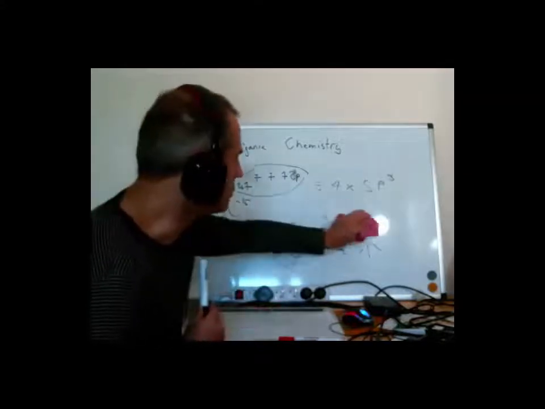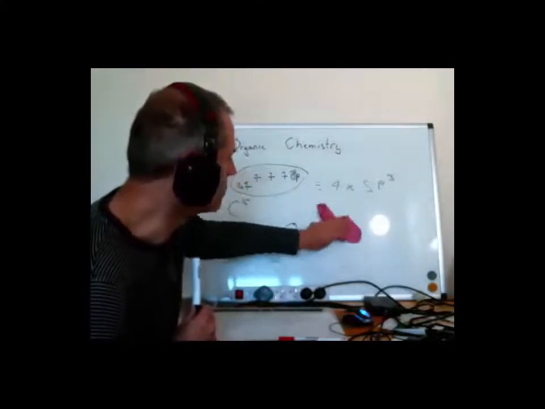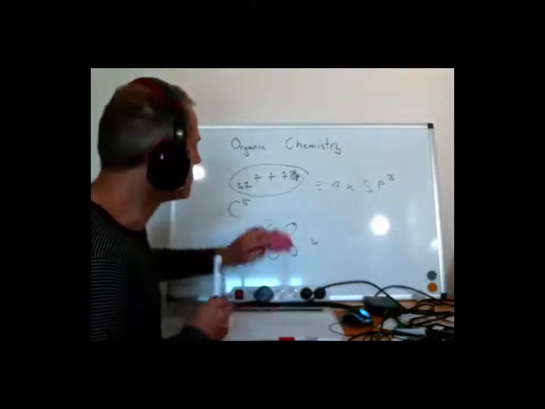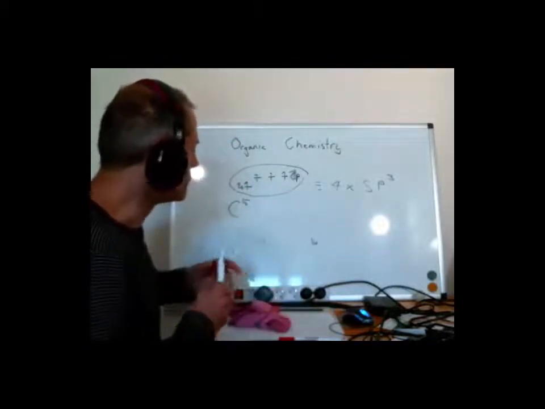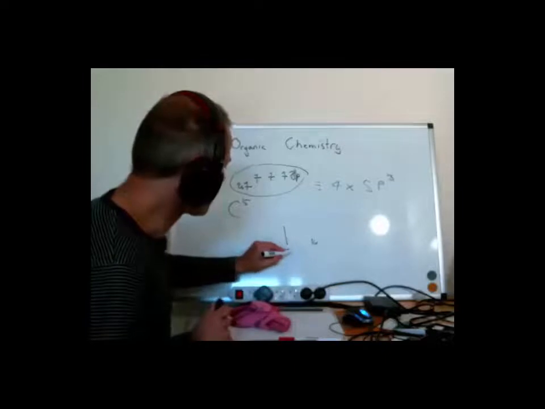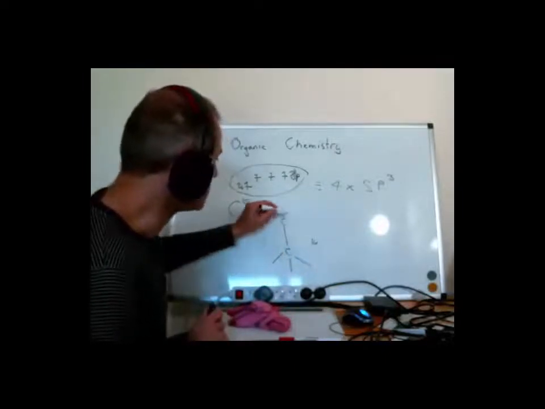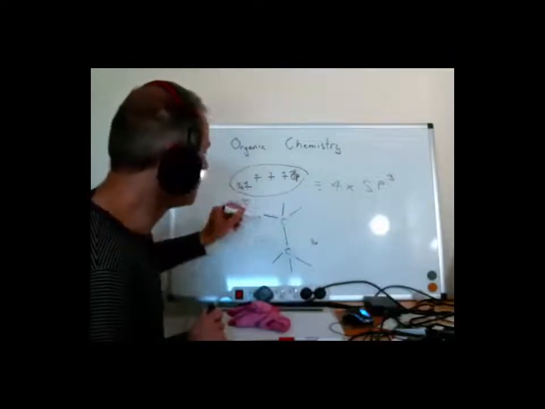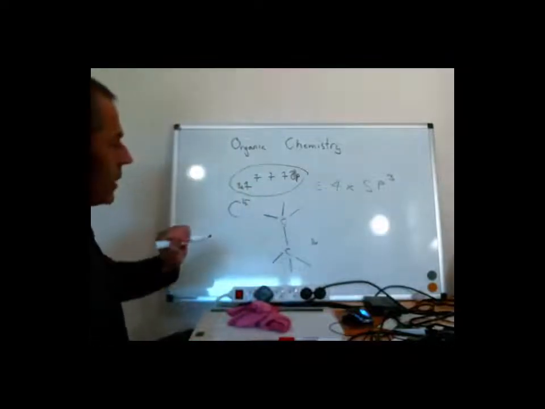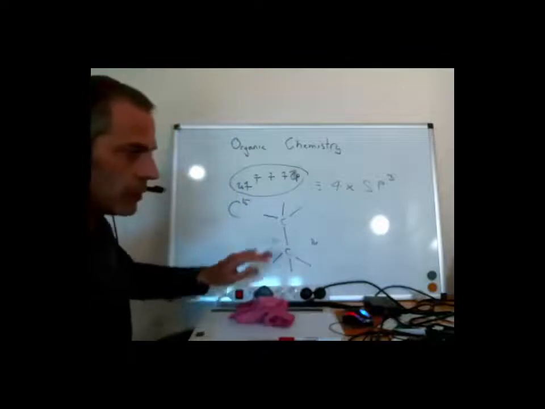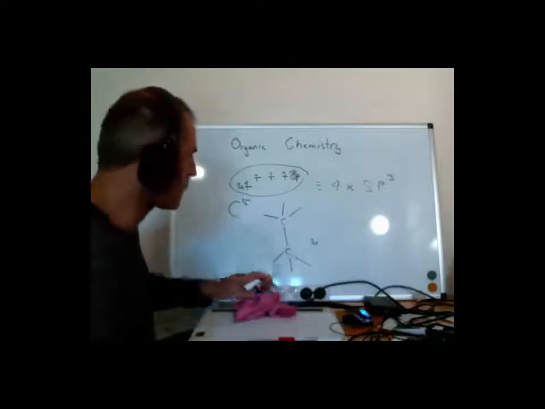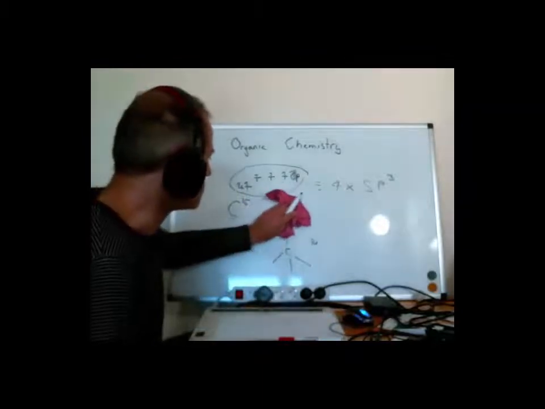In the tetrahedral fashion, let me rub that out and come back to here. The carbons are connected to each other in a tetrahedral fashion, like this. So that makes a diamond a very strong structure, and it's very symmetrical.